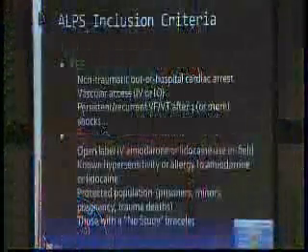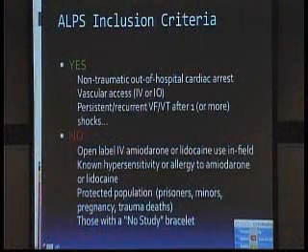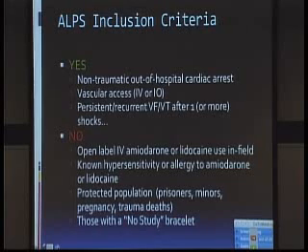So just as a reminder, this is for non-traumatic out-of-hospital cardiac arrest where you have vascular access and persistent VF or VT after one or more shocks. So the way the coordinator is saying it is 2 shocks, think rock.